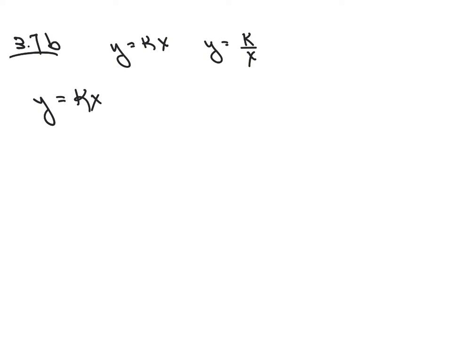But if there is a second variable on that right-hand side, because remember k is a number, so x and z are the variables, I will say y varies jointly with x and z. Jointly means that we are multiplying x and z.